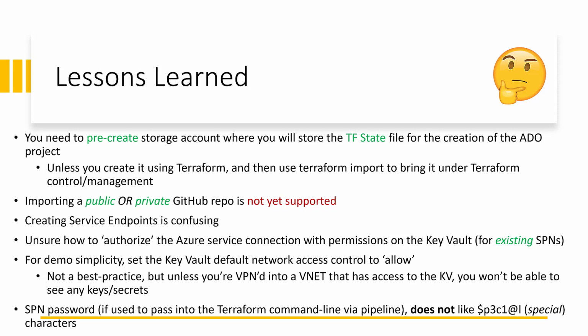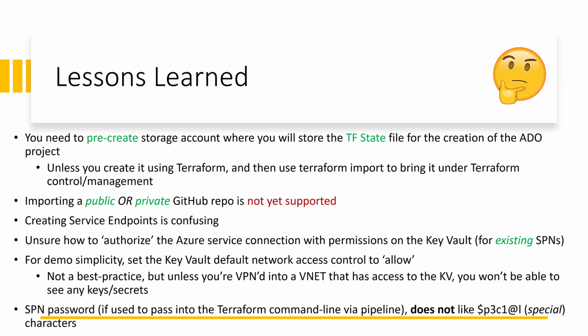For the simplicity of our demo today, I set the default network access control for the key vault to allow. By default, it should be deny, right, from a security standpoint. But if you don't do that, then you're not able to go into the key vault to see those secrets like we looked at, right?